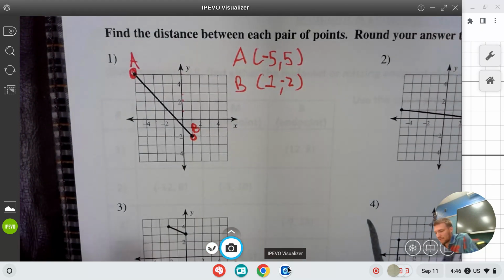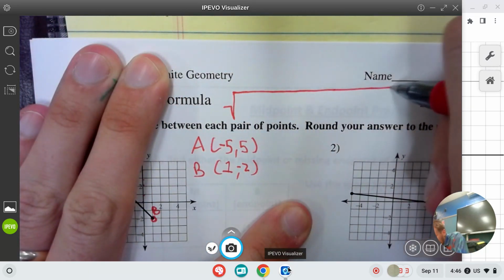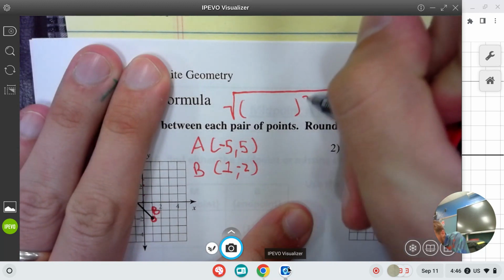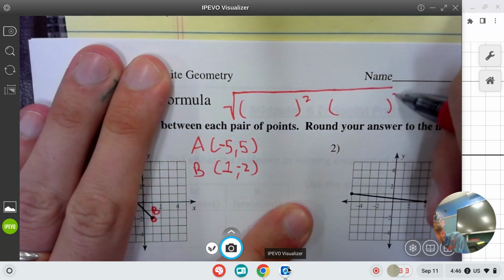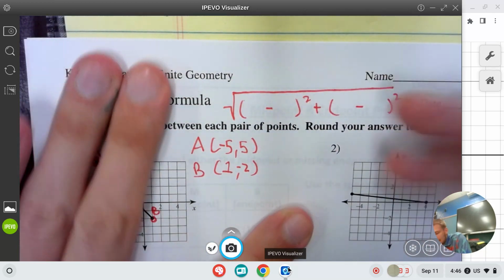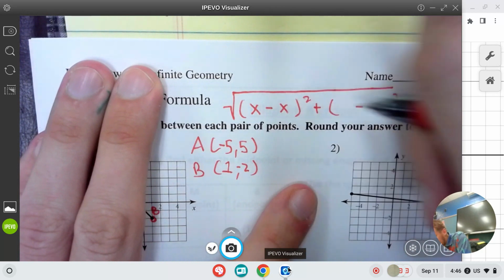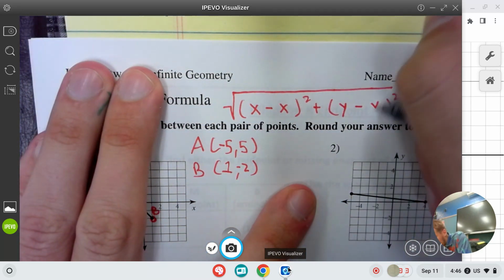The distance formula, just to write it down for you, is the square root of parentheses squared plus parentheses squared, added together, with a minus inside the parentheses. We're going to do x minus x and y minus y.